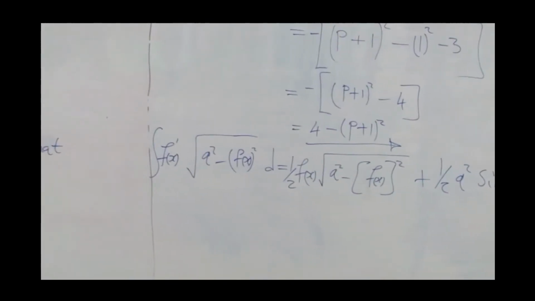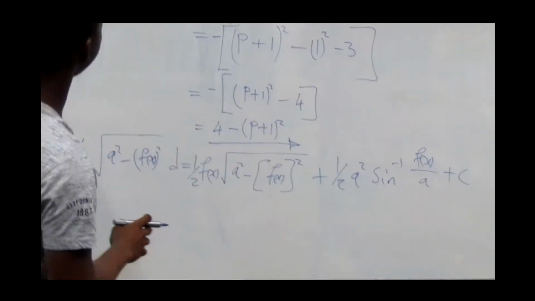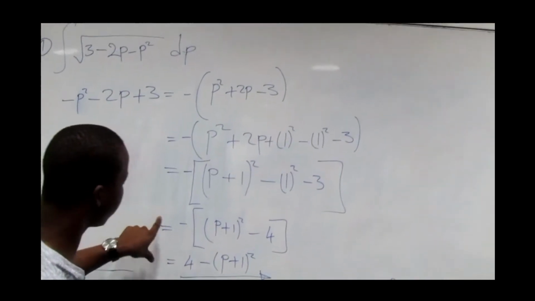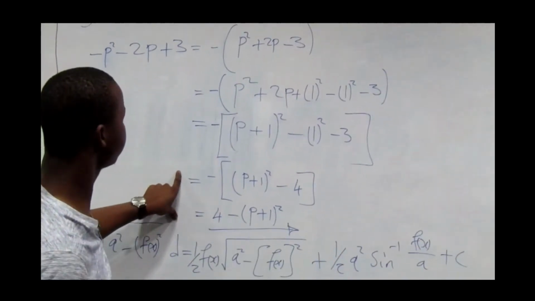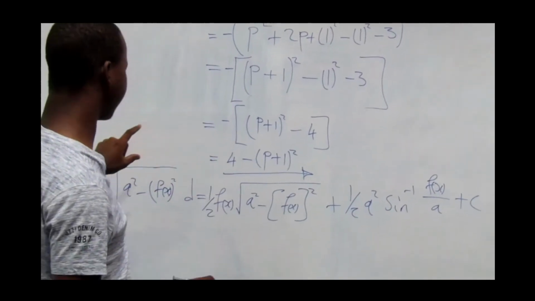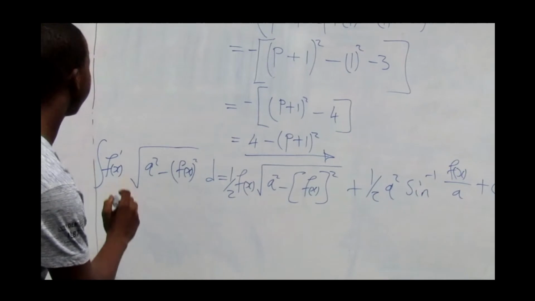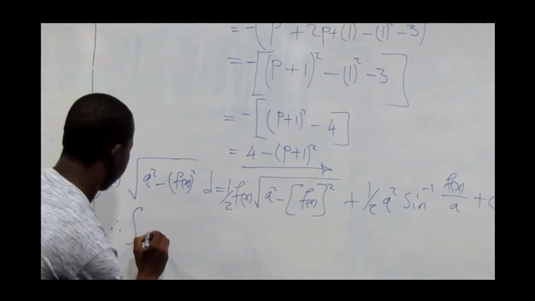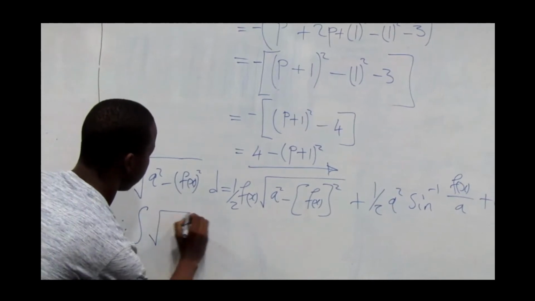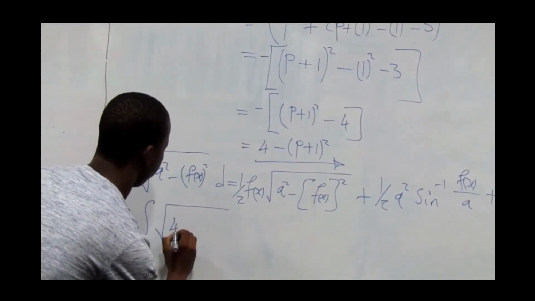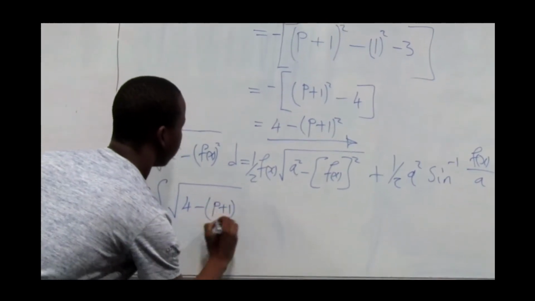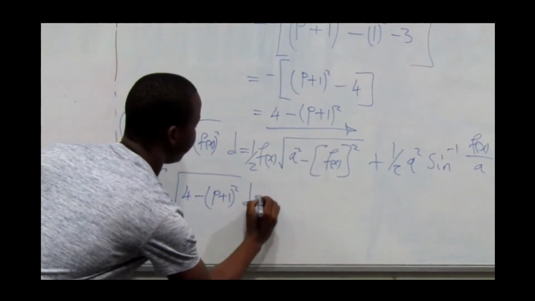Then from this formula, relating it to this given function, after completing our square, this is what we get actually. Then we are going to say therefore the integral of the root of 4 minus p plus 1 the whole square dp.